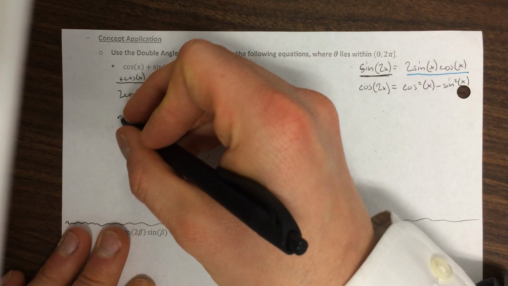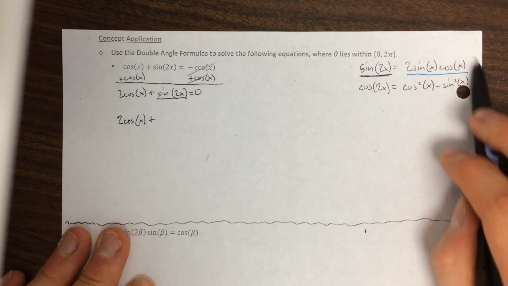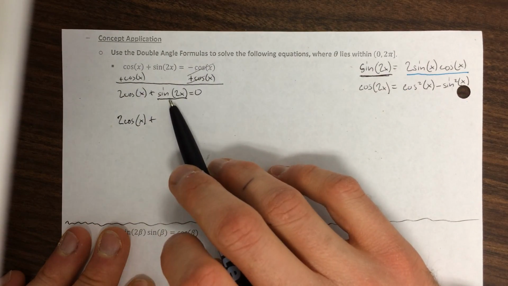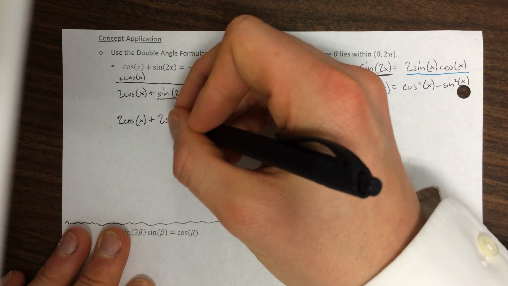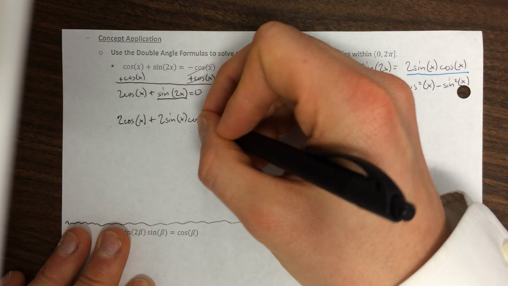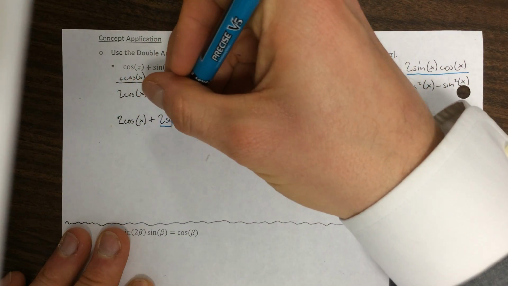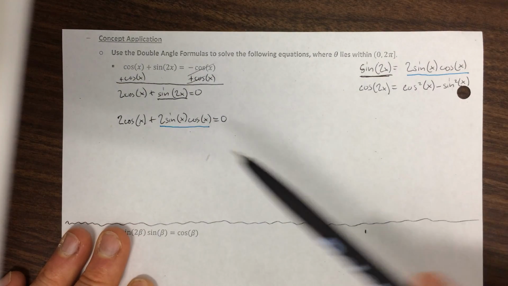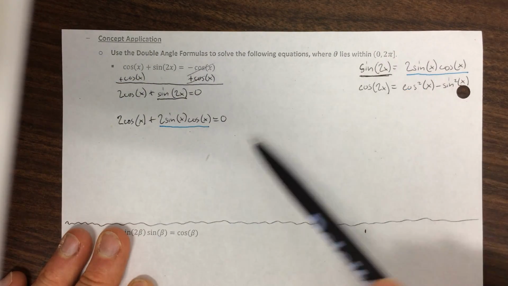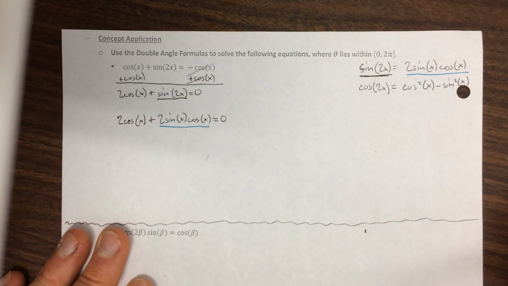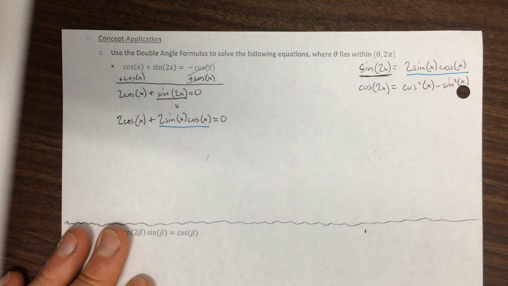So we can keep the 2 cosine x, and because these quantities are equal, we can replace the sine of 2x with 2 sine x cosine x. I have color coded for a reason. What's underlined in black is the left hand side, and what's underlined in blue is the right hand side.